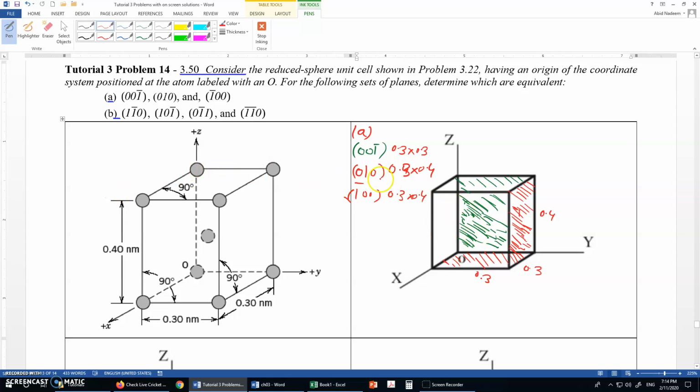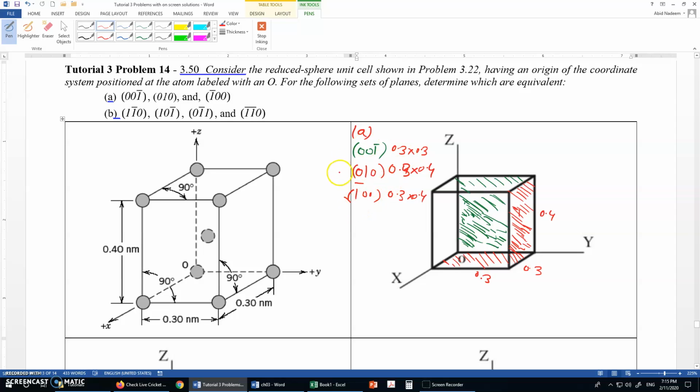So for example, this 1 0 0 plane will also have 4 atoms at the corners. Remember that this is a body centered cube crystalline structure. The central atom will not figure in any of these planes.